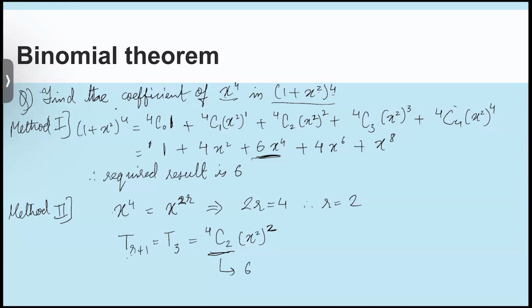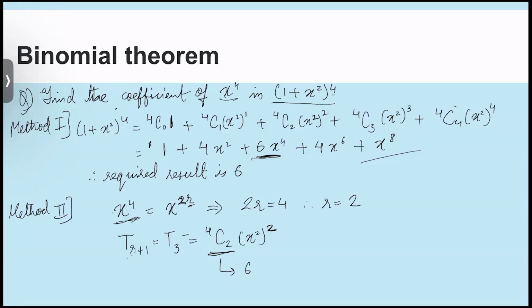So this is easy in the sense that you only have to figure out which term it is, what the respective r is, and then you can find it. This is how you can solve such terms. Either you do the entire expansion, or you can solve directly for the term. This is comparatively easy to understand.